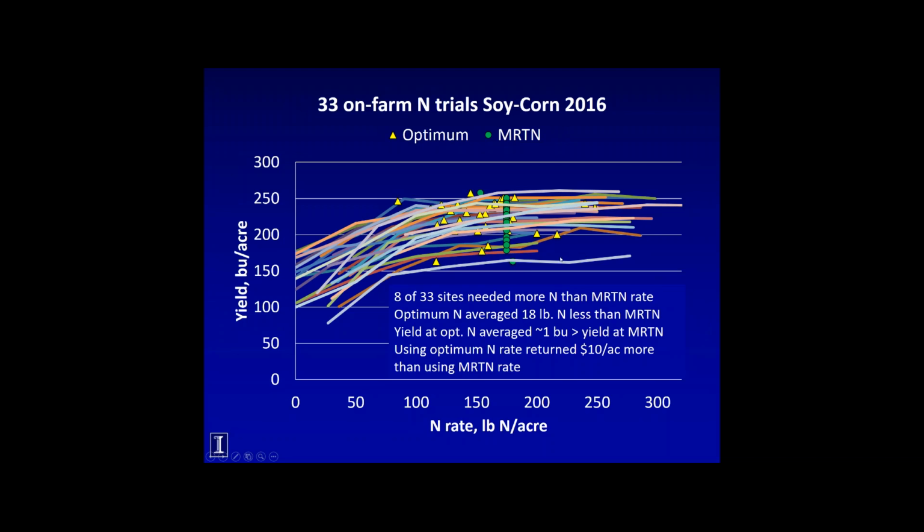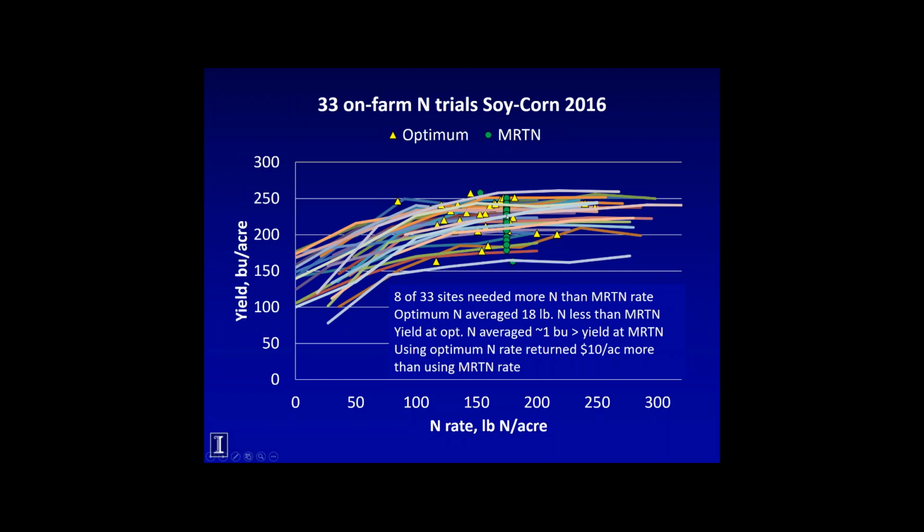In a very favorable year like 2016, most of those yellow triangles are actually to the left of these green circles. What that means is that the actual need for nitrogen in these fields was less than the N rate calculator told us, and what we would have used based on the N rate calculator includes previous data accumulated.